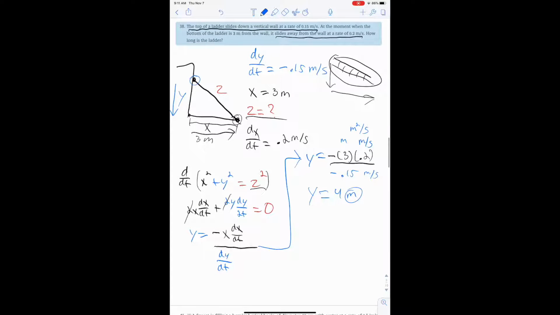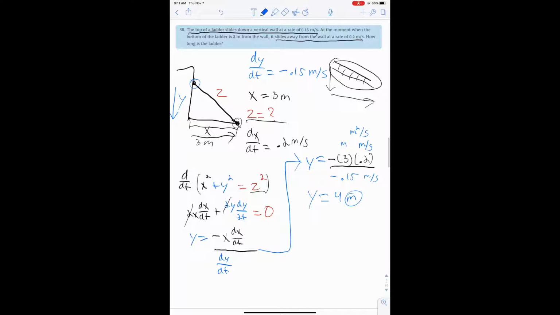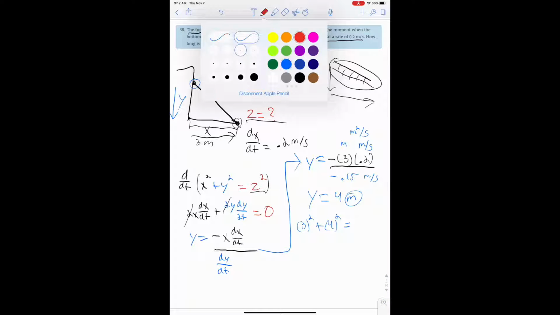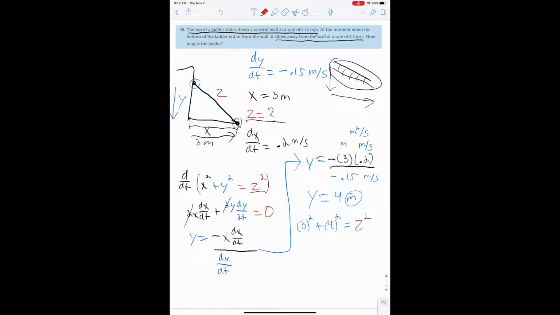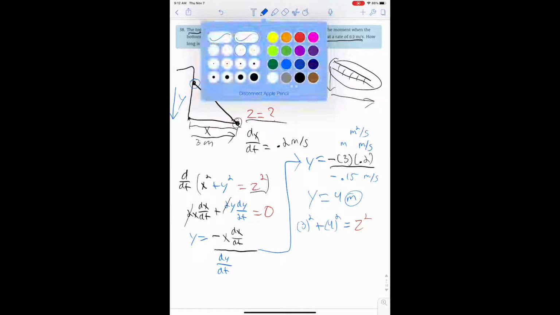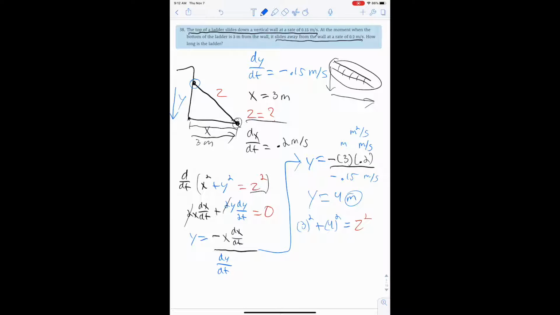So we can go ahead and solve this using the Pythagorean theorem. So 3 squared plus 4 squared equals z squared. So now we have, let's see, 3 squared is 9 plus 4 squared is 16, which is 25.